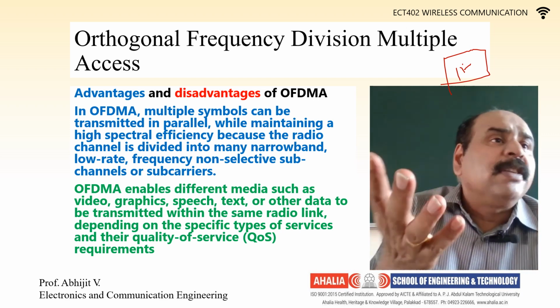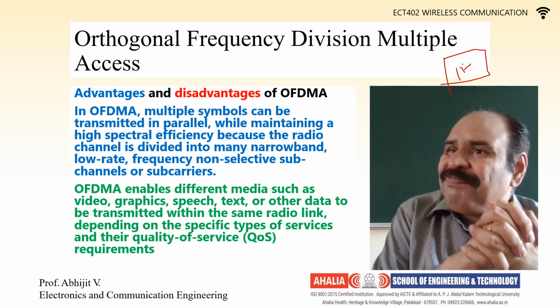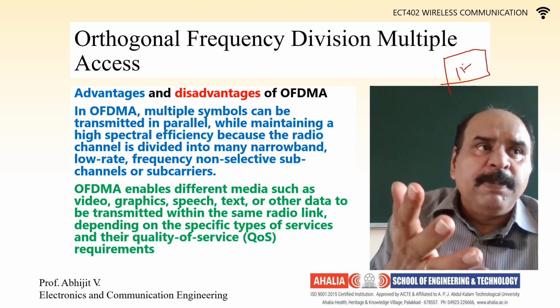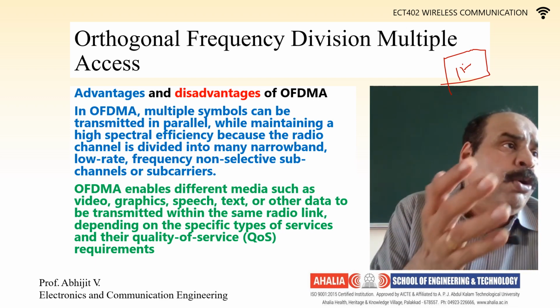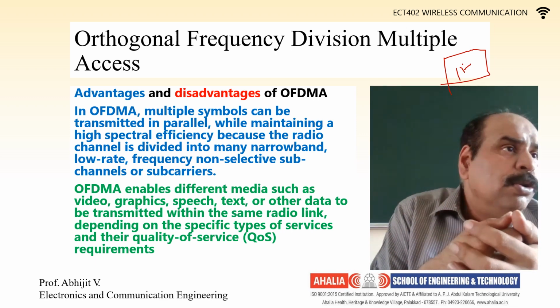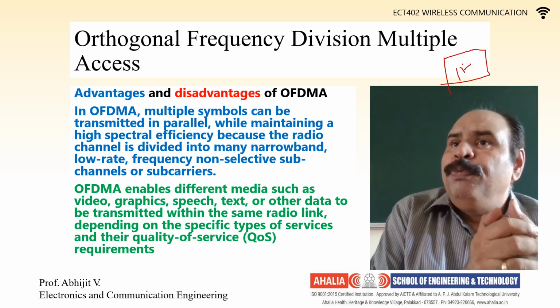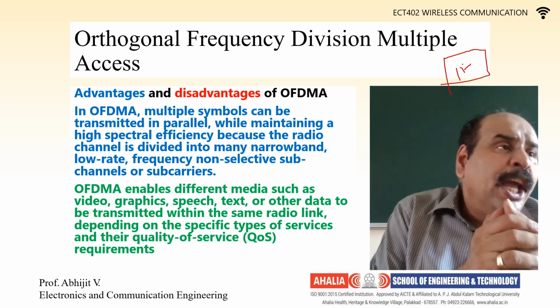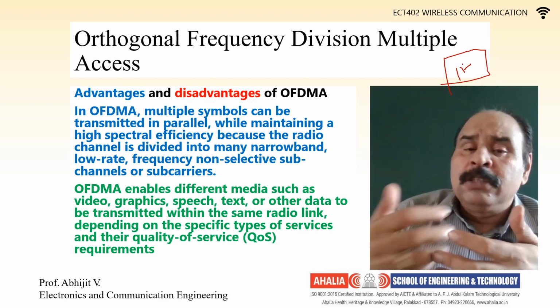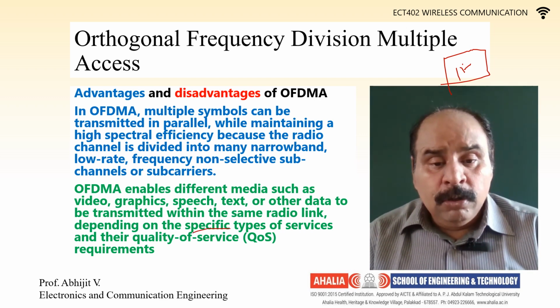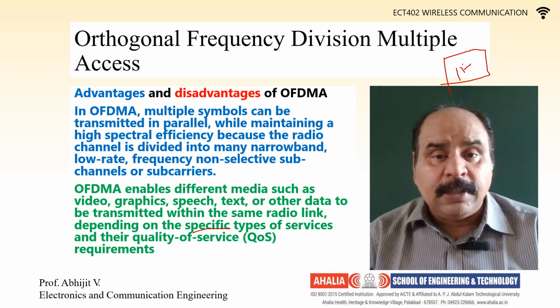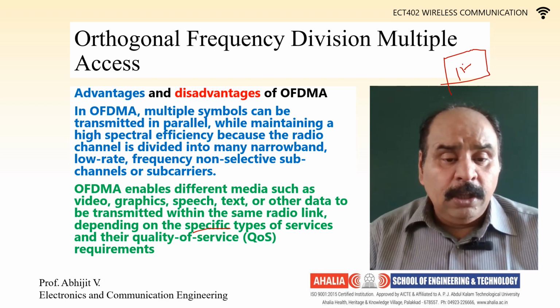So cyclic prefix is another disadvantage, the need to add a cyclic prefix. Another point is that peak to average power ratio increases n times. We have derived the equation for PAPR in the third module. So we have specific types of services and their quality requirements.